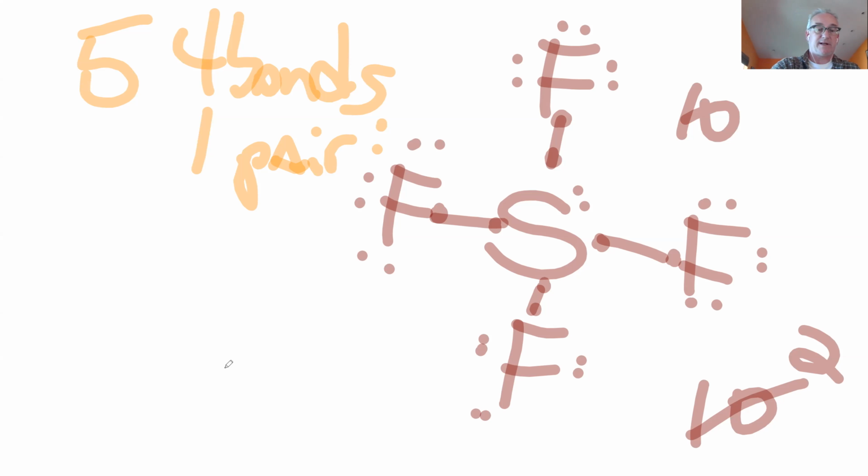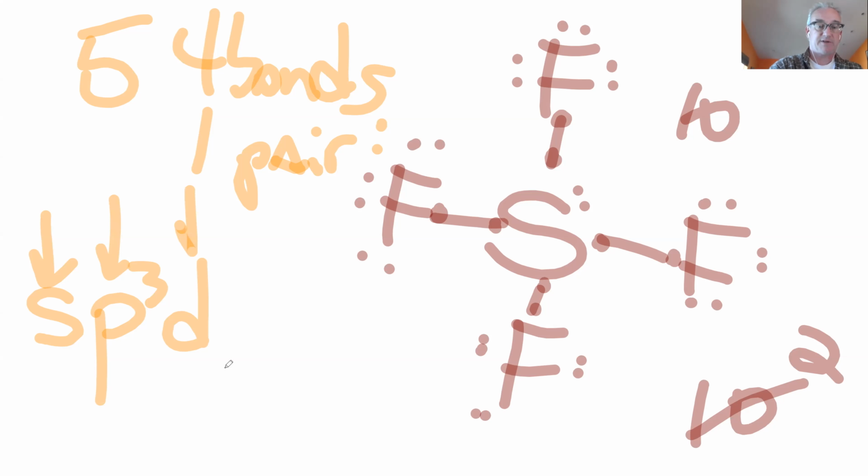There you go. Excellent. So we need 5: the only S, all 3 P's, and a D. Remember, each one of those is a region of electron density. 1 plus 3 plus 1 equals 5. So that's going to be the hybridization around the sulfur.